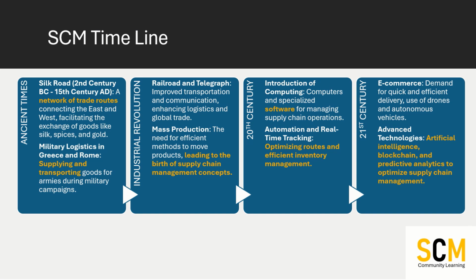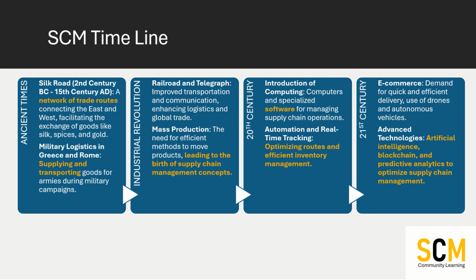Once again, logistics, but in global trade. Also mass production. We start with mass production, so we need to be efficient to make more products, leading to the birth of supply chain management concepts.